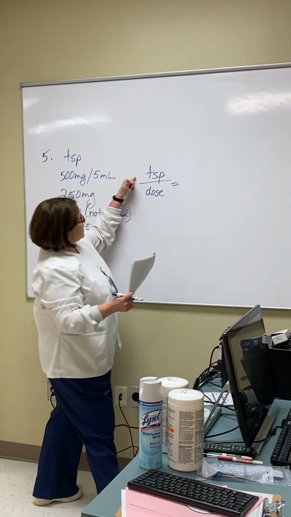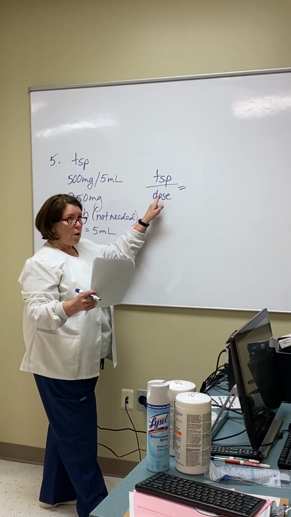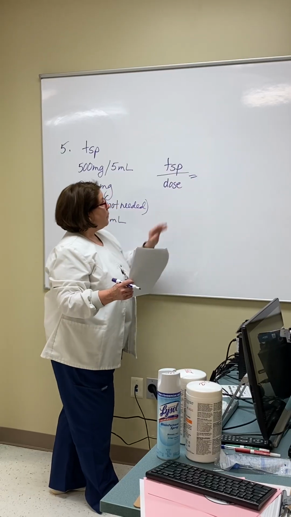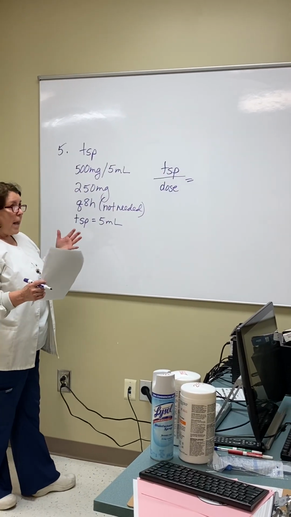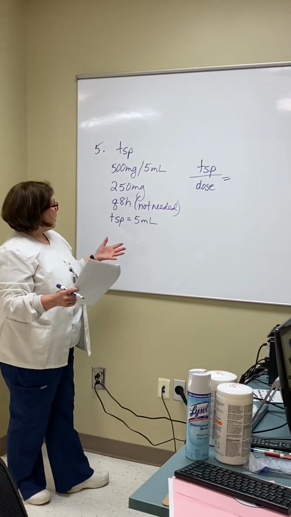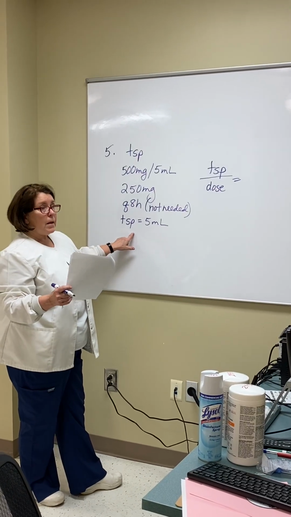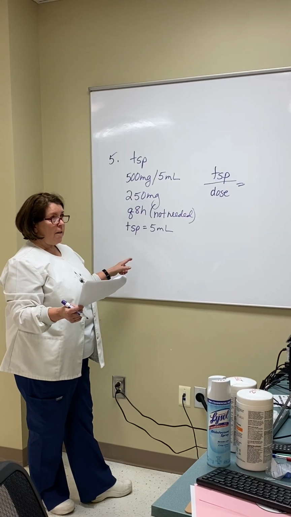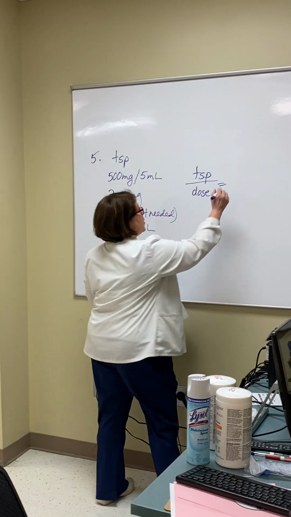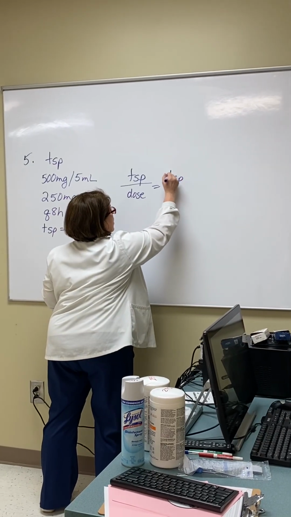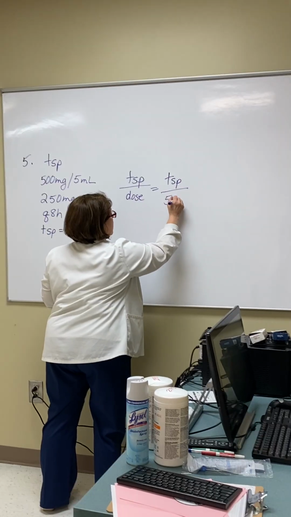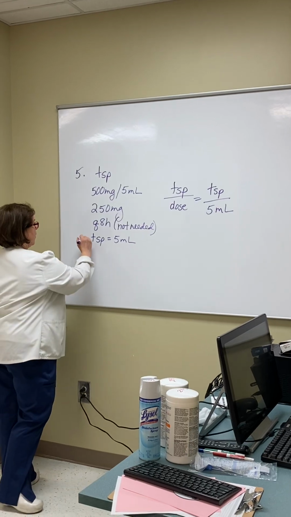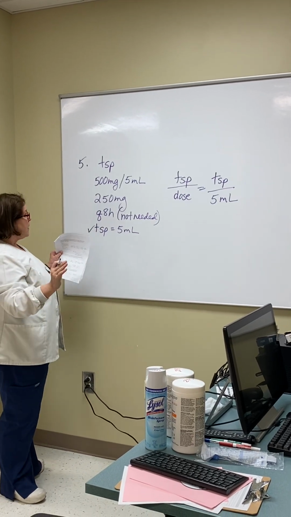All right, so because I have a double label here, you always start the problem off with the top label. So we start off with teaspoons. Well, that's not part of the original information you were given, but I do have it in the form of a conversion. So this is the type of problem where I'm starting off by using my conversion, which is 1 teaspoon equals 5 mLs. Now, since I have a lot of data here, sometimes I'll put a check here after I use it, just to keep myself straight.